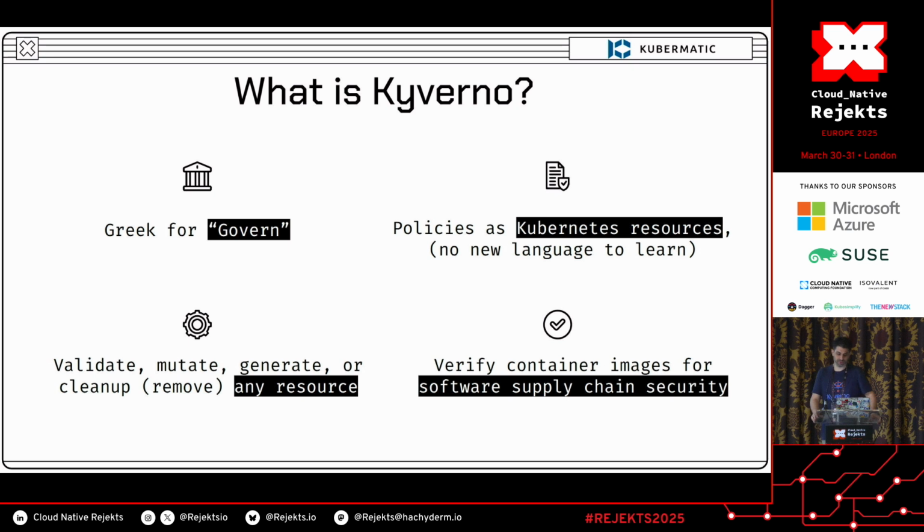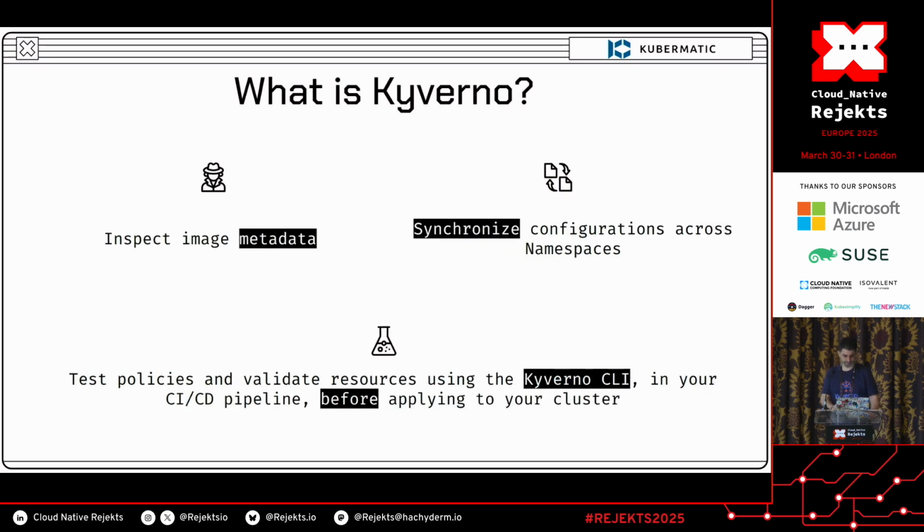For example, you can also verify container images for software supply chain security, where you can check the signature of the resources or SBOMs, etc. You can do that sort of stuff.